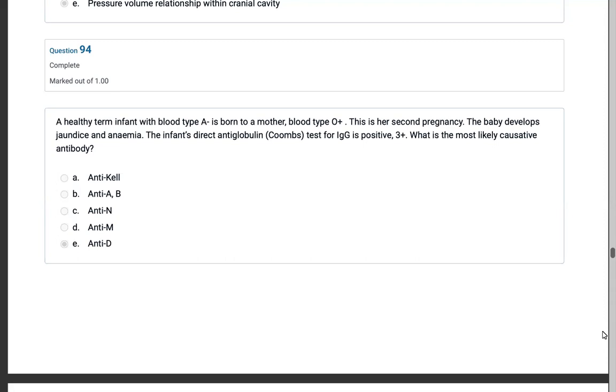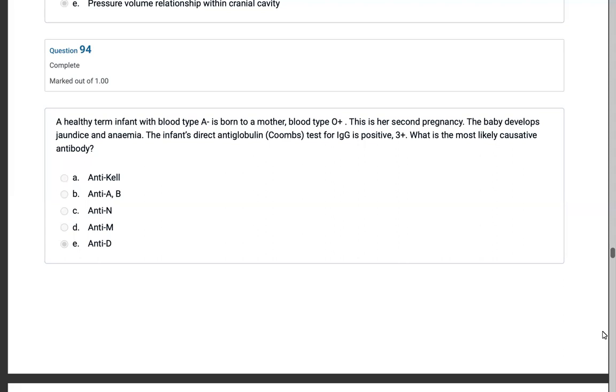The mother is rhesus positive, hence she has the antigen D, but she lacks the antibodies. So antibodies against rhesus are not what is causing the problem to the child, because the mother does not even have antibodies against rhesus.